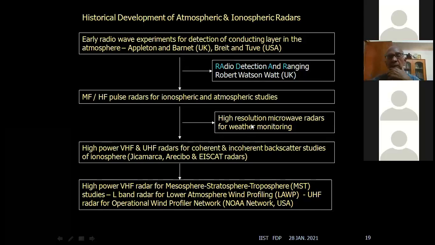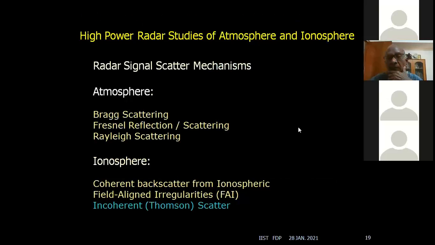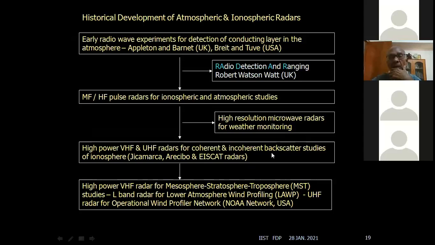These are microwave radars spanning from L band to W band, that is 1 gigahertz to about 90 gigahertz, which include weather radars and the cloud radars. And Atlas and Ritchie in the United States in the 40s are the pioneers in developing the weather radars.